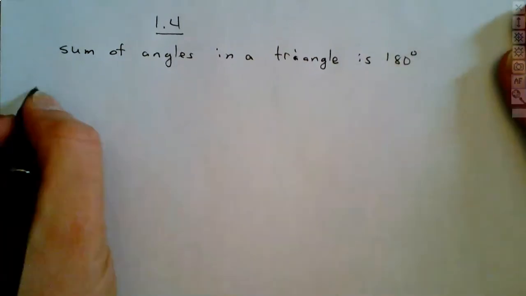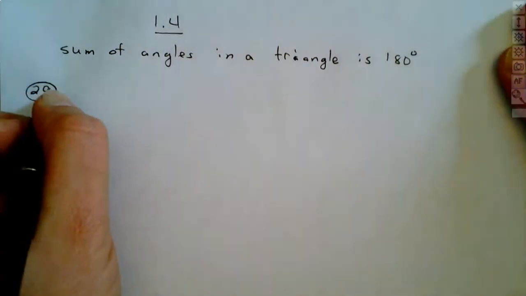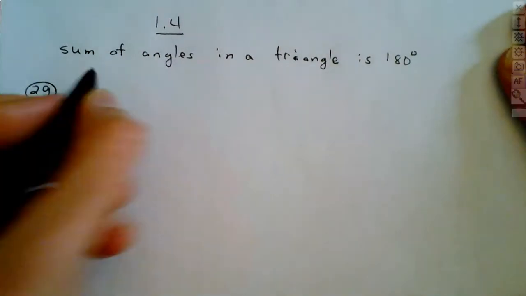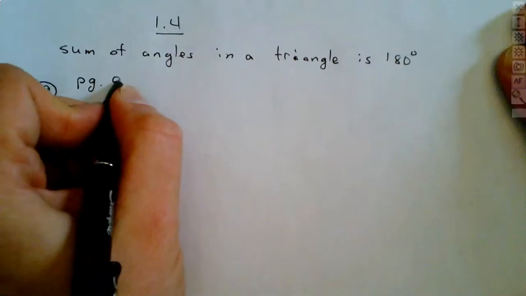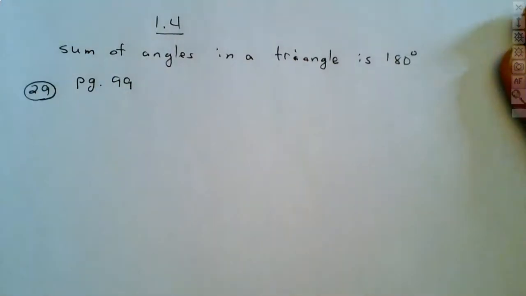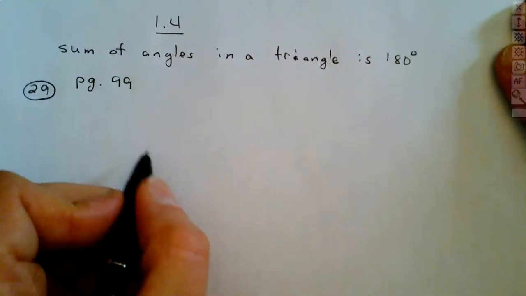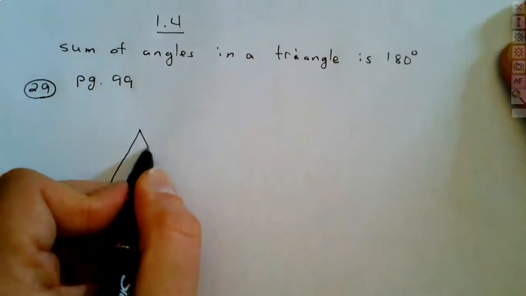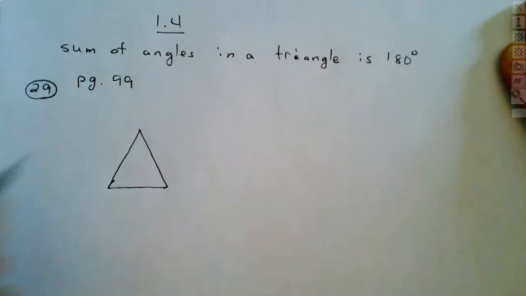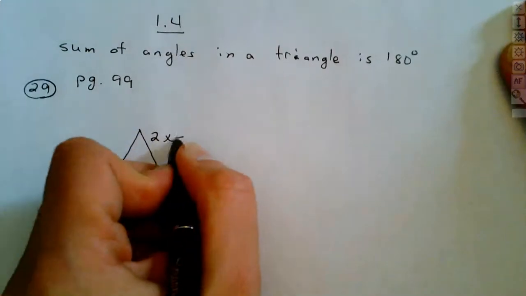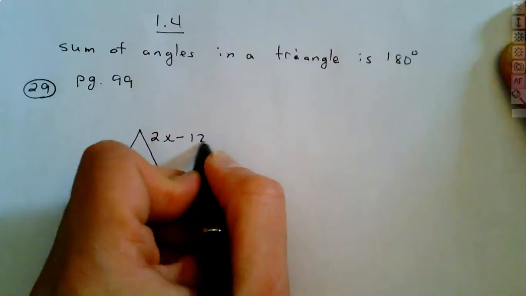So I'm going to draw the diagram up from question 29, and this is on page 99. So I'm going to go ahead and draw that triangle up. And we've got 2x minus 120 here.